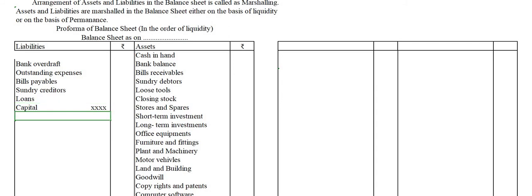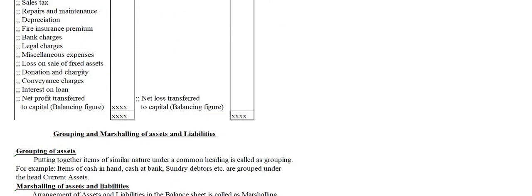Listen here, capital we will write in the inner column and we will add the net profit, because it is written that net profit is transferred to capital. That is what we have seen in the format of the profit and loss account.